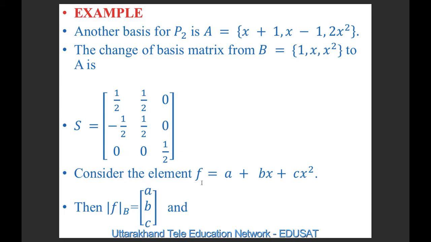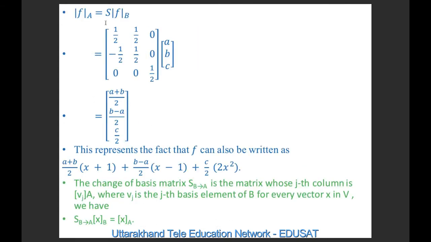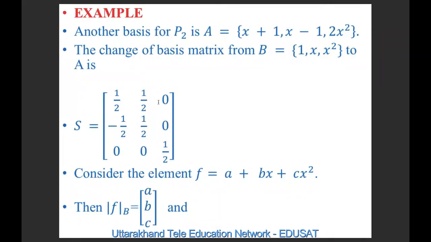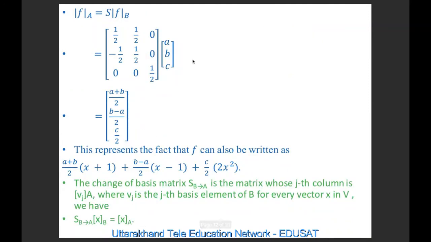If we consider the element f equal to a plus bx plus cx square, because it is a polynomial, fB is equal to a, b, c, since the coefficients of a polynomial are the coordinates. So fA is nothing but S times fB, with S as above.